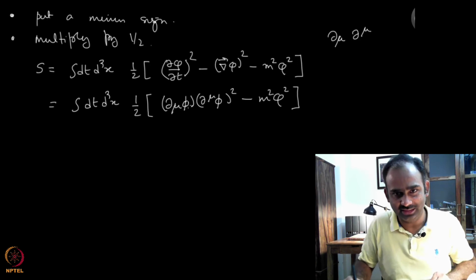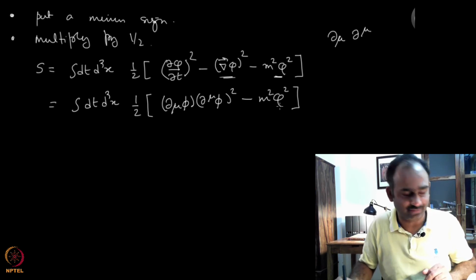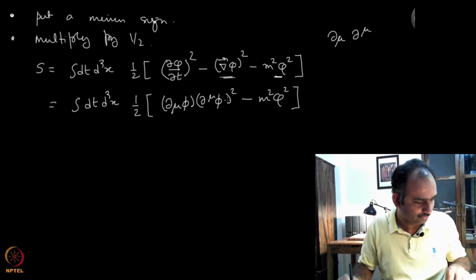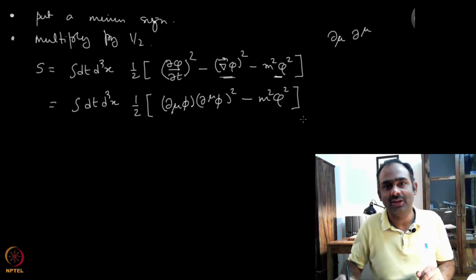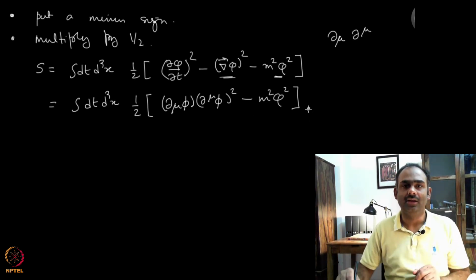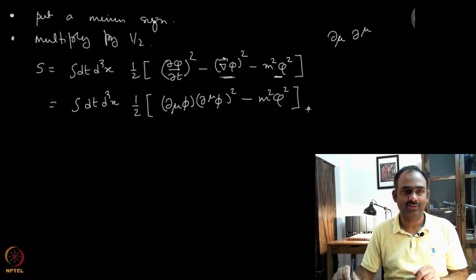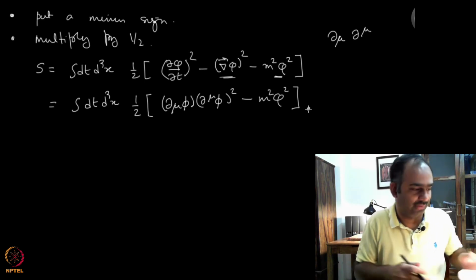The kinetic term is in here, and these all are potential terms, so they come with a relative minus sign. So that is the action that we have now, and this is what we will work with.